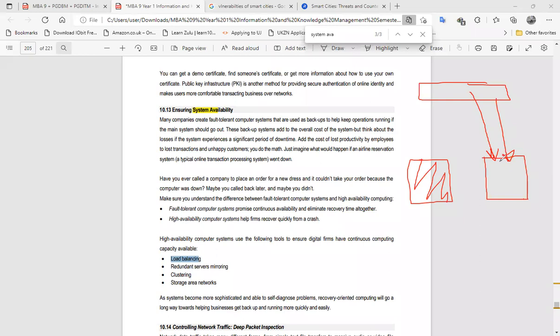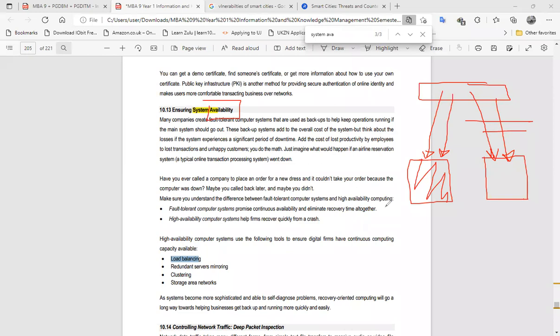But in case it somehow crashes, there's a backup server which has the same information as this one, so that when this fails, the company is still redirected to the redundant server. It's more like it's not working, but it's working. It works in case, because it has to give availability. We're talking about availability.